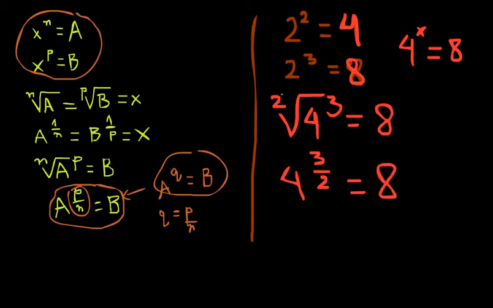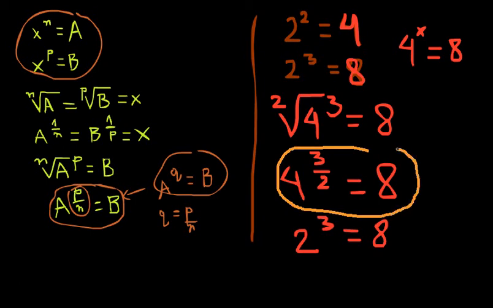And it's really so, because the square root of 4 is 2, to the power of 3, which gives us 8 indeed. So this here is the same principle applied. We want to know this, and we have this.